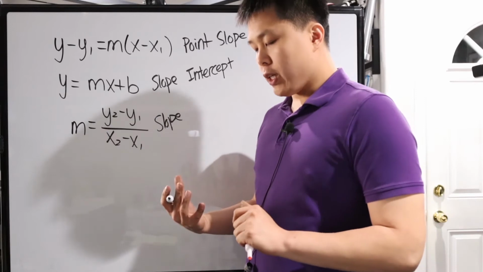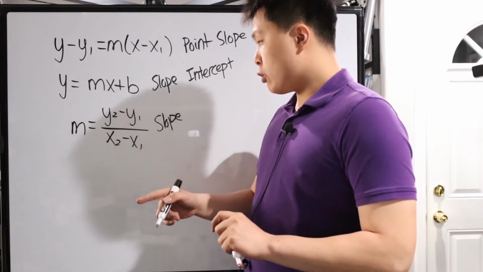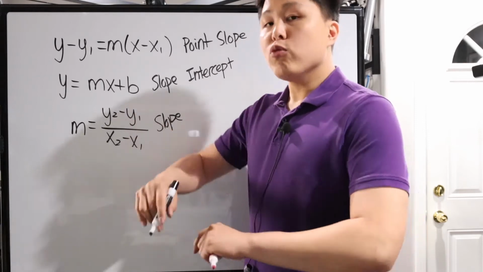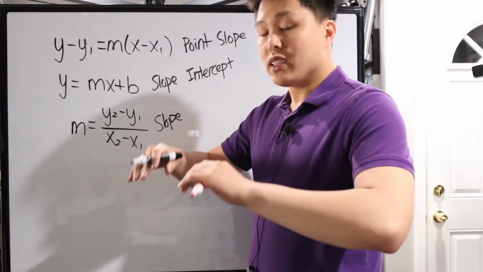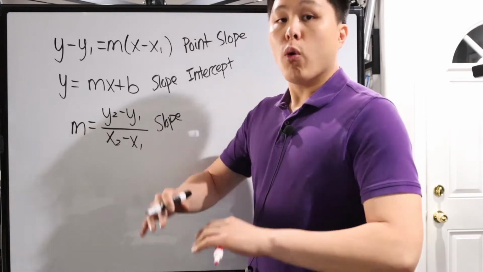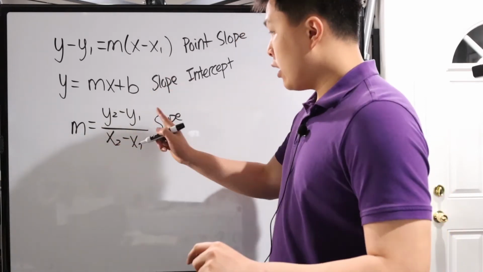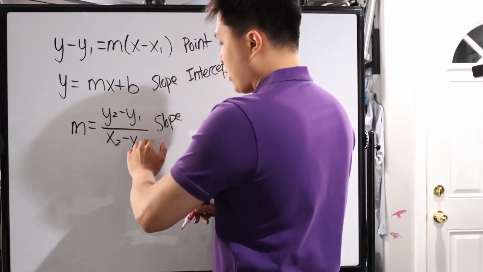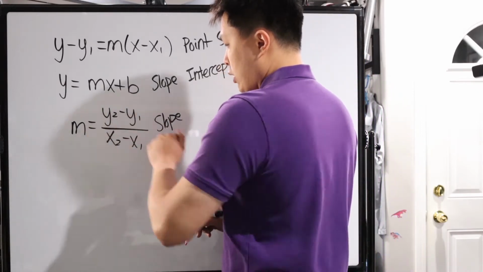Now, here's the thing. The slope formula is talking about the difference between y and the difference between x, but it's just talking about 2 points. If we generalize it, instead of just 2 points, any 2 points, we have an equation of a line. So here's what I'm going to do. Right here we have y2 minus y1, x2 minus x1 equals m.